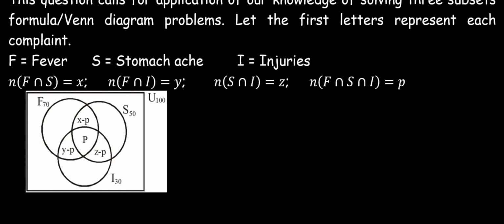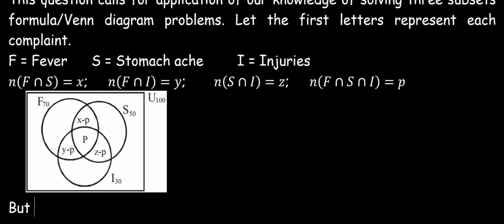Please take note of how it is done. Because if you move the 30 inside the box, you are saying that the portion for I only is 30, whereas that is not true. Similarly, the case of S and F. Next, we proceed with how the solving is done.